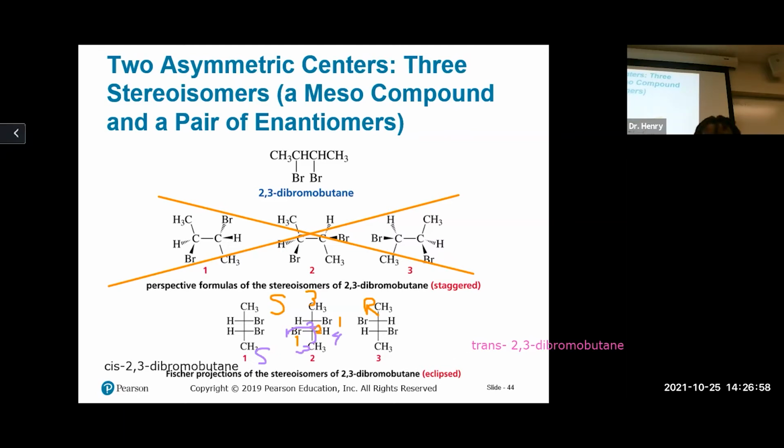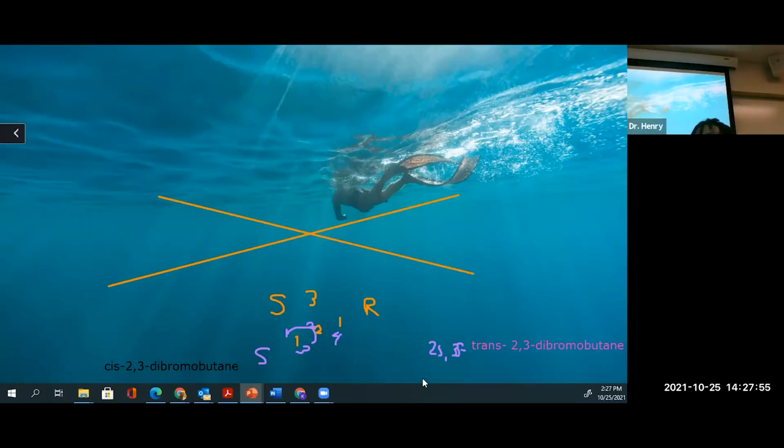So it's 2S, 3S, dash trans 2,3-dibromo, and then that is going to be in parentheses.